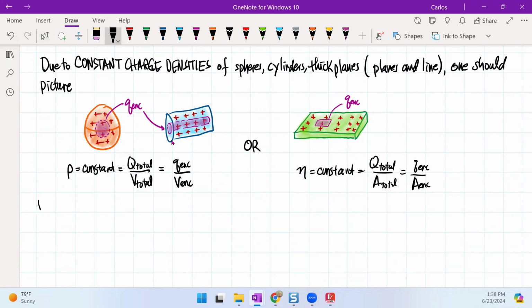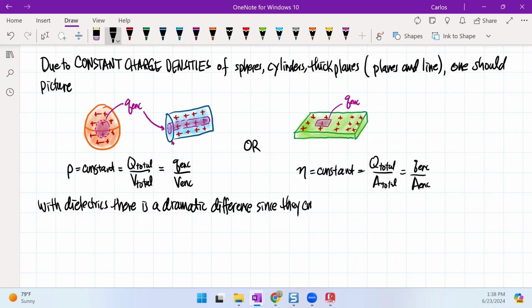So with dielectrics, there is a dramatic difference since they contain charge inside, while conductors do not.